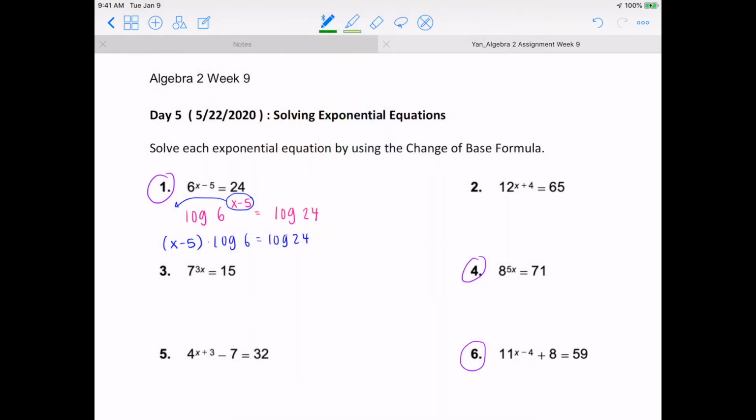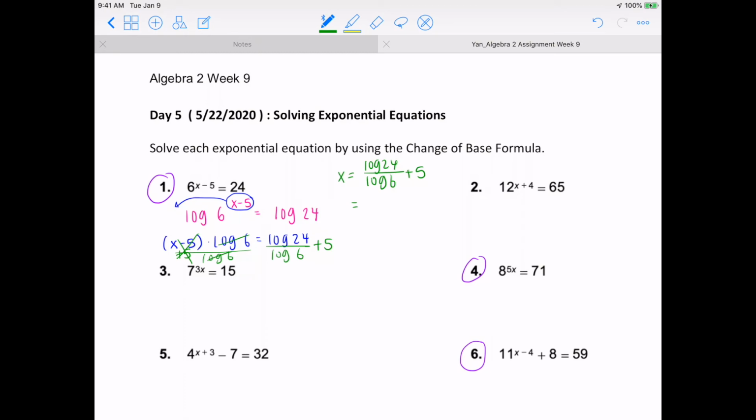Okay, and remember, next step, we're going to divide both sides by log 6. So all the logs stick together. Okay, and then if you notice, our last step is to get rid of the minus 5 by adding 5 on both sides, that cancels out, so I have x equals log 24 over log 6 plus 5.